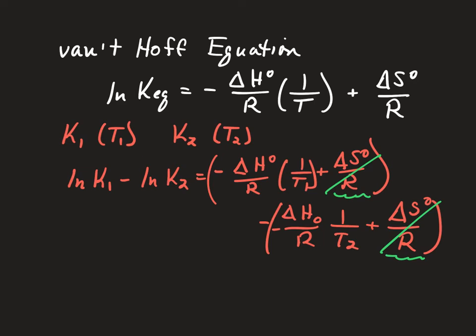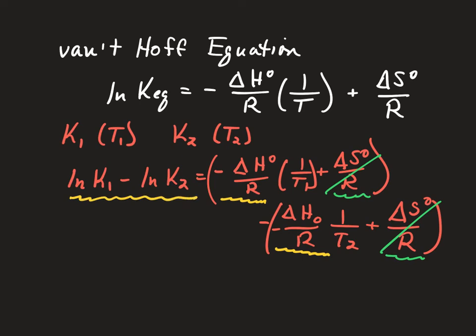And so now we've got this minus delta H0 over R in both terms, and so we can bring it out in front. The other thing we can consider is that when we subtract logs, that's the same as dividing.